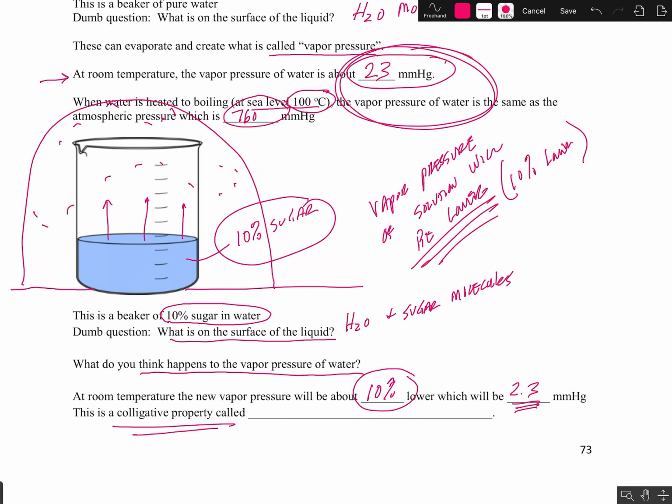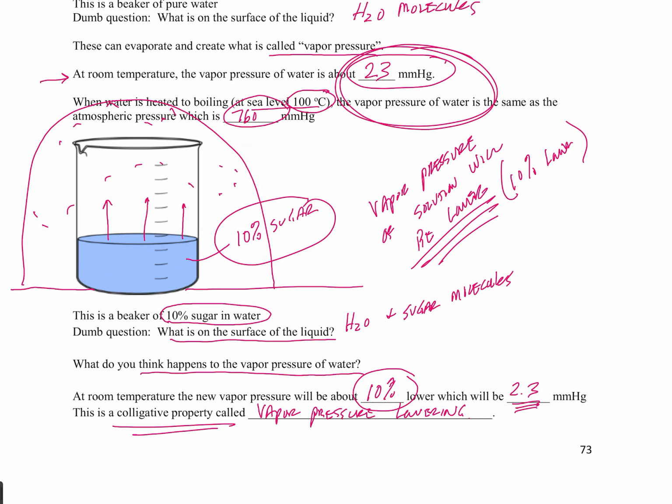This is a colligative property called vapor pressure lowering. Now, what effect will that have on the boiling point?